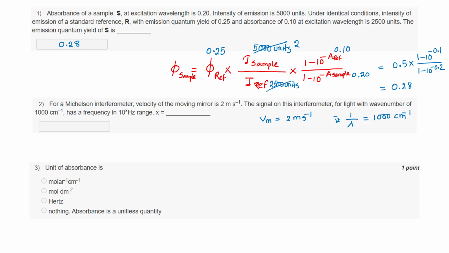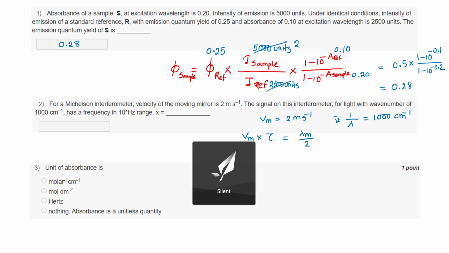Now we remember that for constructive interference, if the speed of your Michelson moving mirror is Vm and it is moving for tau time, then the distance covered is lambda m by 2 for a constructive interference, that is, to get a signal, a peak to peak distance.